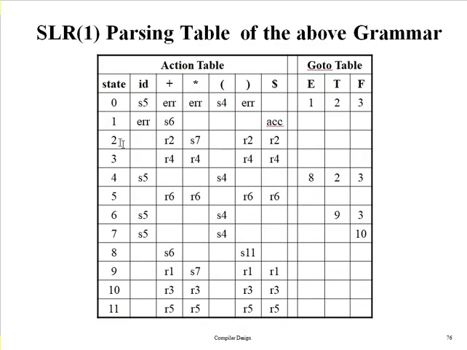And for I3, the state or row 3, we have those reduce actions. Now, R is for reduce and the number is the production rule number.